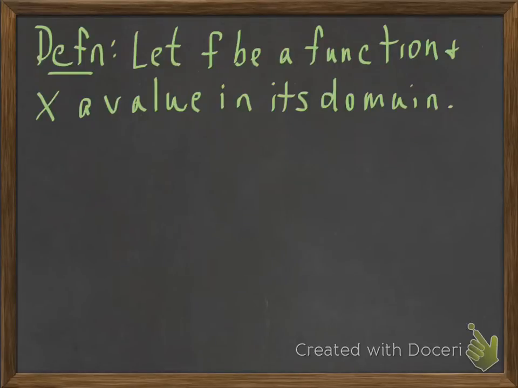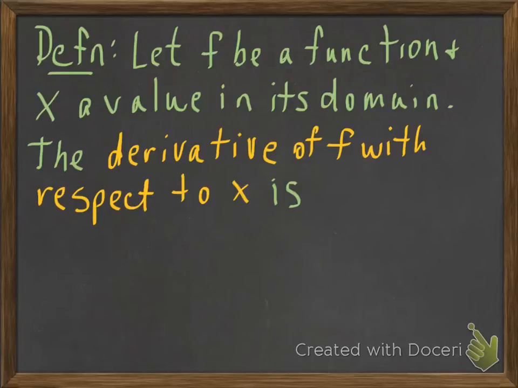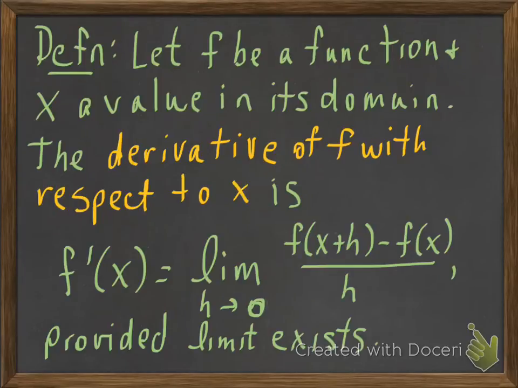So let's take a function f, and let's let x be a value in its domain. Then we'll say that the derivative of f with respect to x is given by the formula f prime of x equals the limit as h goes to 0 of f of x plus h minus f of x over h, provided that this limit exists.